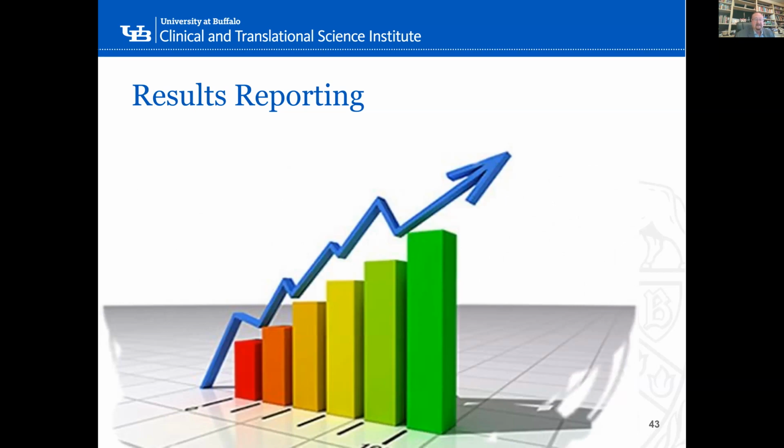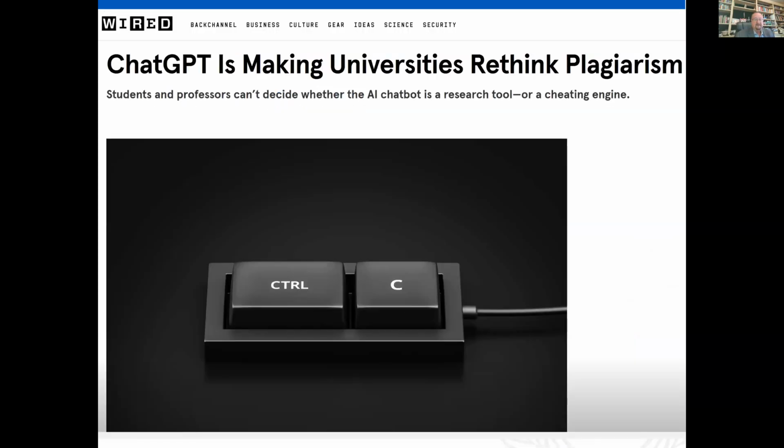So if you think about it, we are increasing our publication rates left and right. And so there's always the chance for people to use this badly. People are using ChatGPT and GPT-4 Omni to generate papers, and now all of the journals that I'm aware of ask you if you used an AI in your creation of your paper.